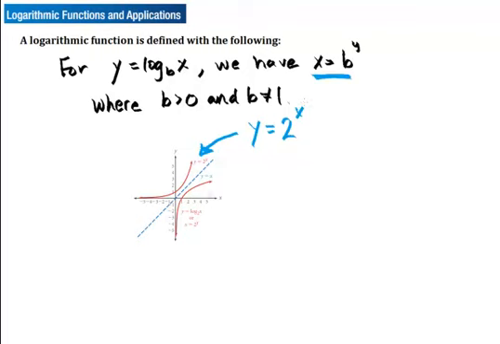And I can draw it, and you'll notice that it is a reflection about the y equals x line. This is how all of my logs look, just like all of my exponential functions look like this one. All of the logs look like this one.